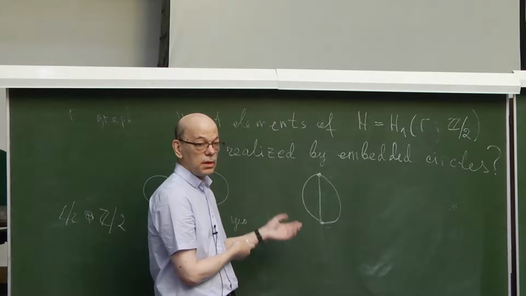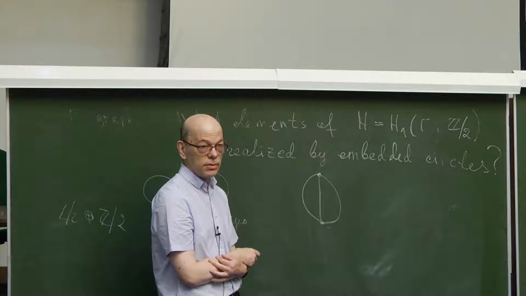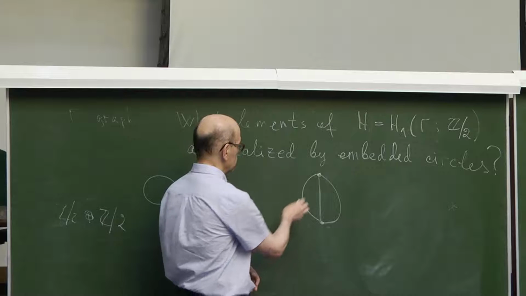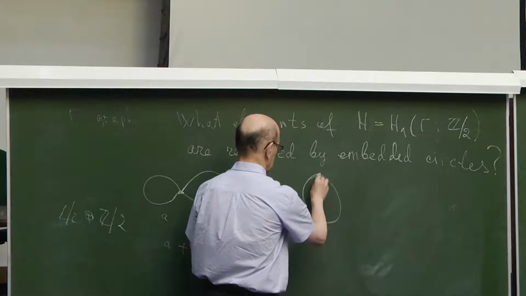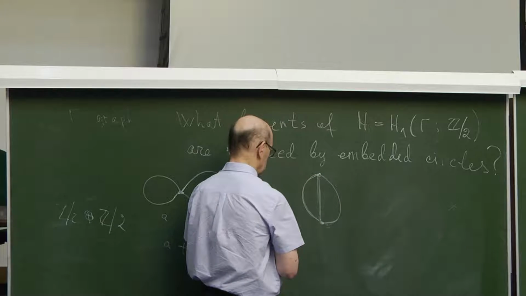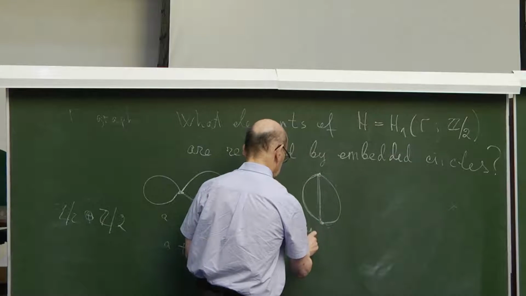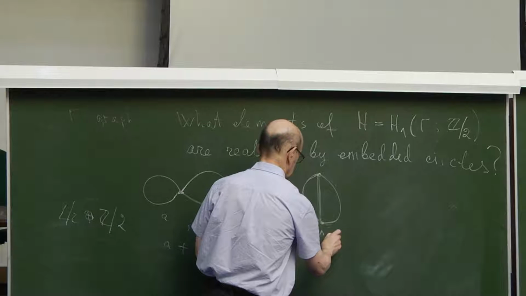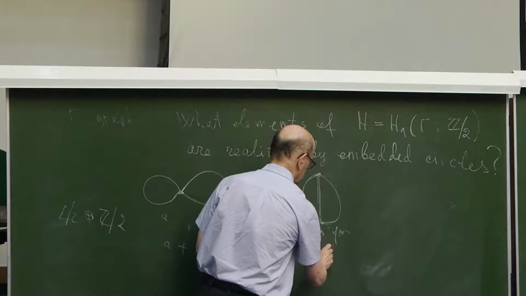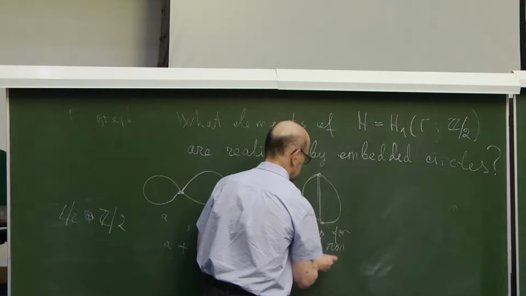And all these three non-zero homology classes are represented by embedded circles. So one circle is this one, same on the right, and this external circle. So the answer is yes for all non-zero homology classes.